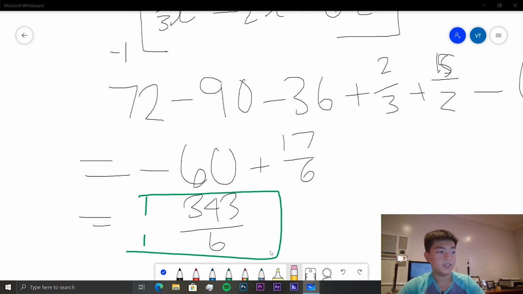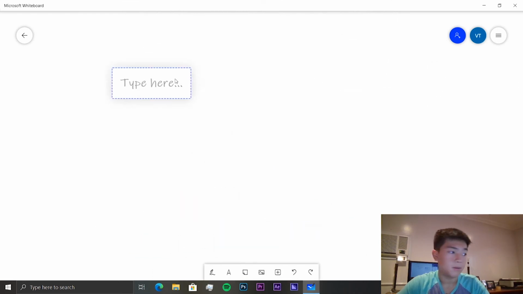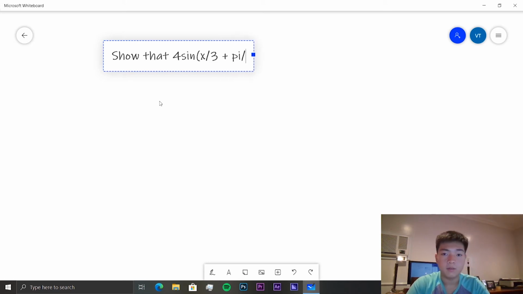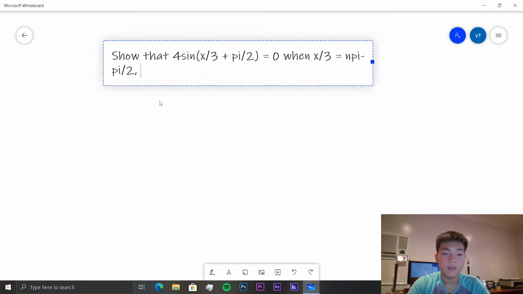Next question, and the final question is, show that 4 sine of x over 3 plus pi over 2 is equal to 0 when x over 3 is equal to n pi minus pi over 2, where n is an integer.